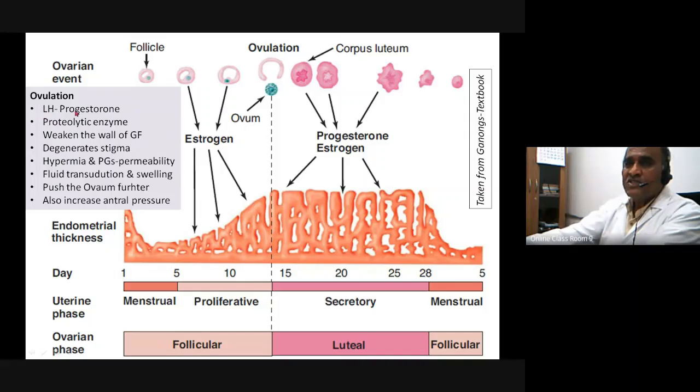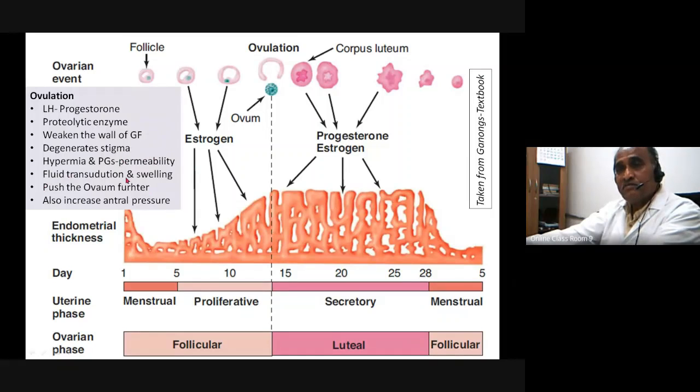Now here I have mentioned ovulation. LH produces progesterone, and the secretion comes. The secretion has proteolytic enzymes, as I mentioned, which weaken the wall of the Graafian follicle and produce the stigma, and then hyperemia and prostaglandins. Prostaglandins further increase the permeability.